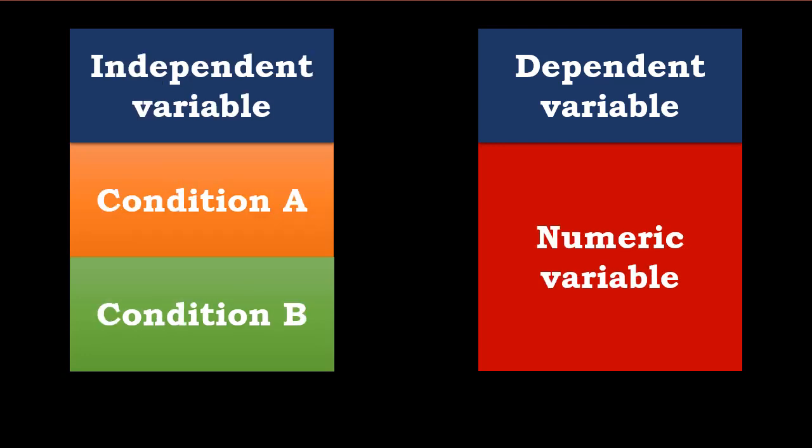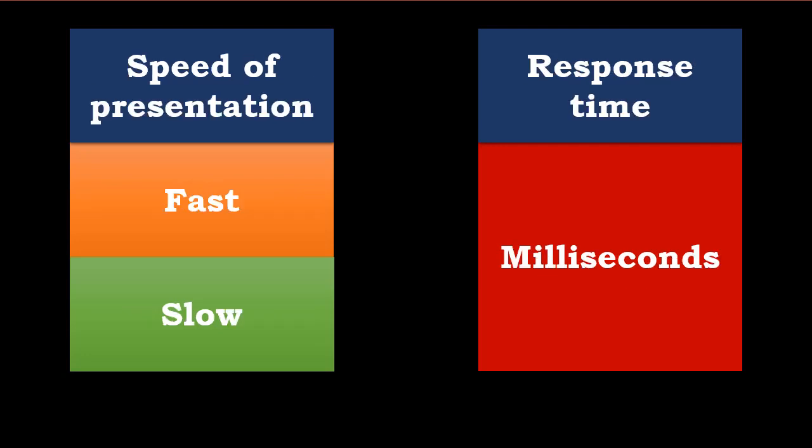Another instance is in which the independent variable is two different conditions. None of them is control or experimental. They're both equally important. And we've got a dependent variable, a numerical variable. So let's say that we are studying how the speed of presentation of stimuli affects the response time in a task in which the participants have to detect whether a stimulus appeared or not.